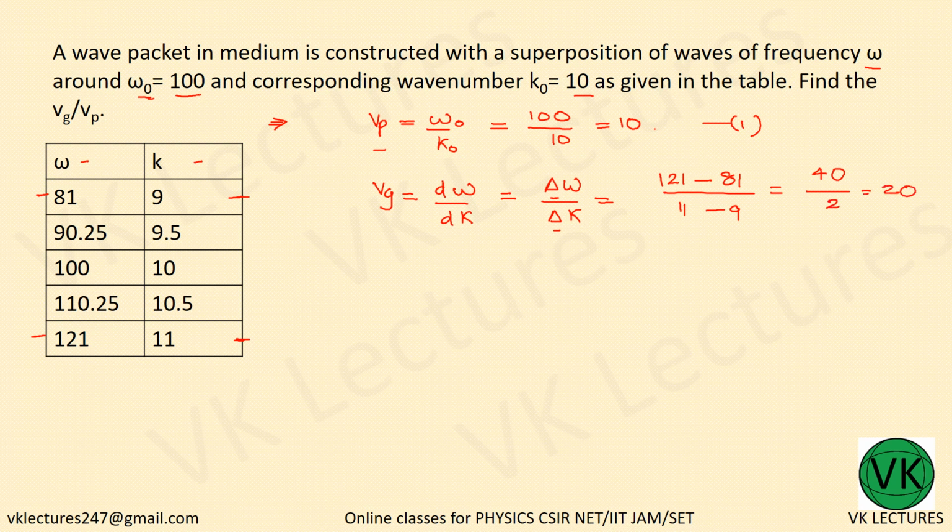Now we need Vg divided by Vp. Vg we got as 20, Vp as 10, so you get 2. So Vg is equal to 2 times Vp.